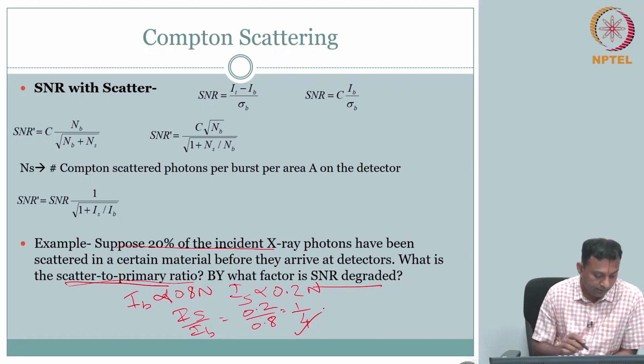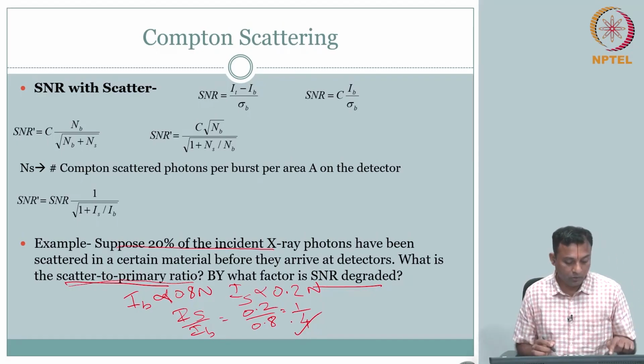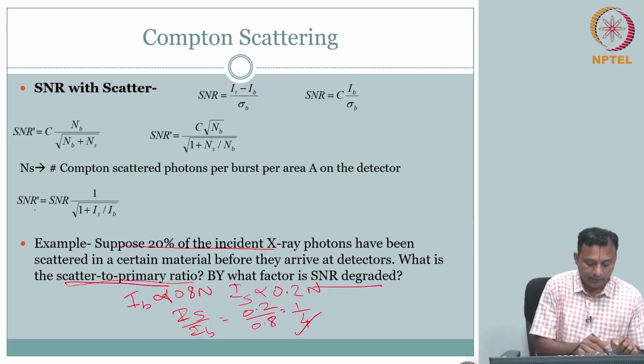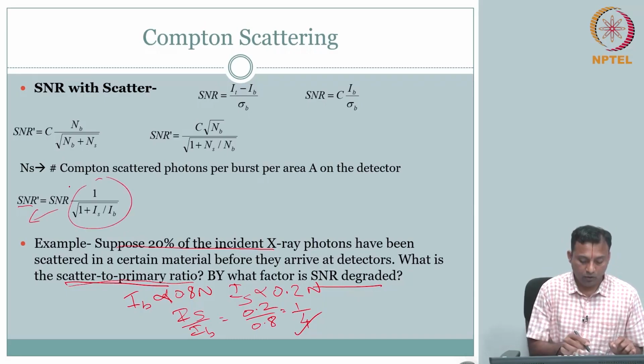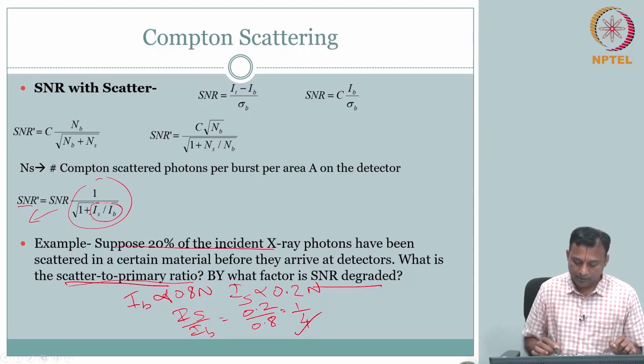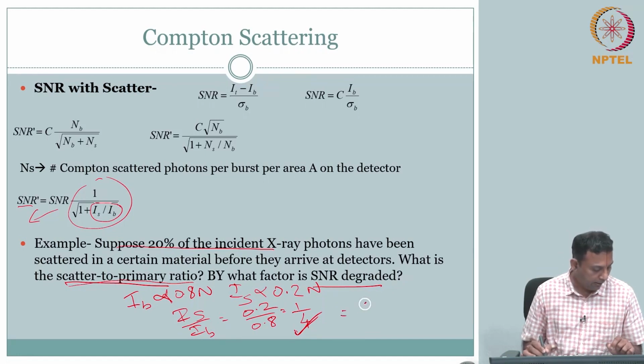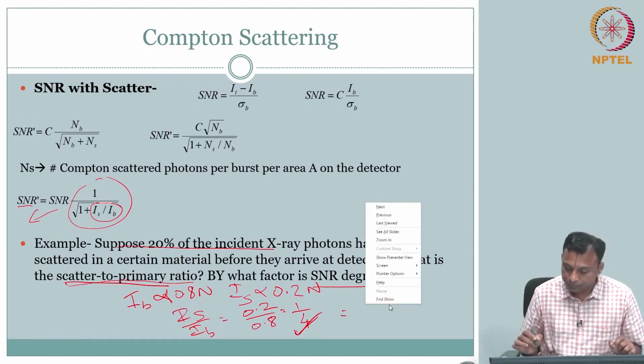What is asked? By what factor is SNR degraded? So, look at SNR dash by SNR. You have to calculate this, for which you have your IS by IB computed already.